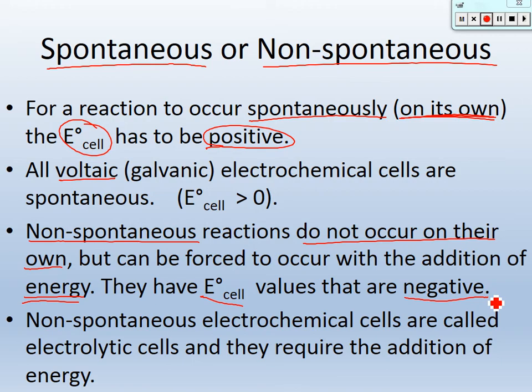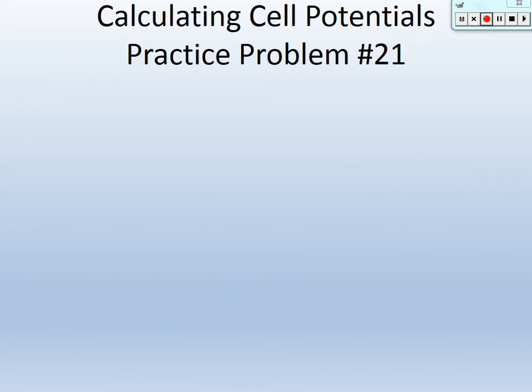So non-spontaneous electrochemical cells are called electrolytic cells. So we had voltaic up here, they were spontaneous. Now we have electrolytic cells, and they are non-spontaneous. They require the addition of energy. And in the lab section of this class, we'll talk about and build an electrolytic cell, where we actually have to use a battery, some voltage, some input of energy, in order to get the reaction to occur.